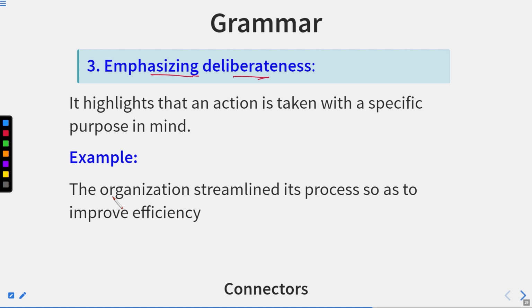So there can be two things. But here it emphasizes the deliberateness of that action. Well, I'm taking the example of crime just to show you the deliberateness or the random part, but it can be for any action.